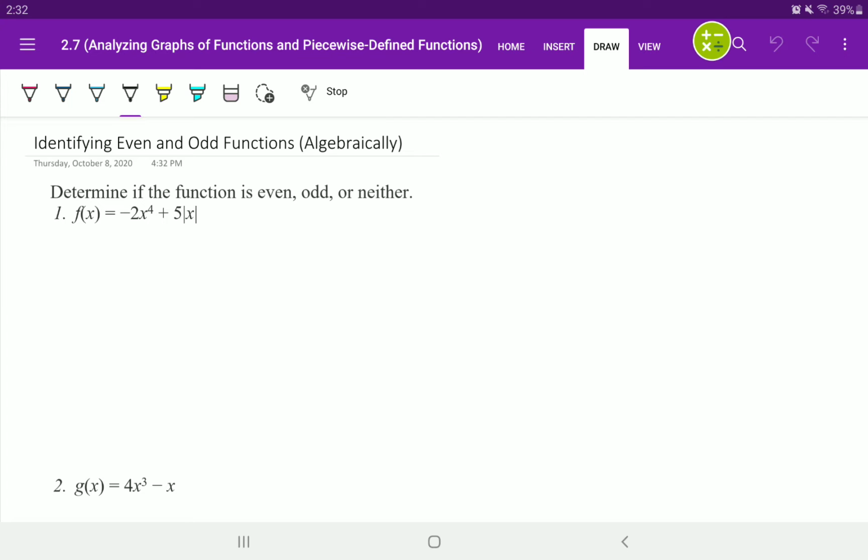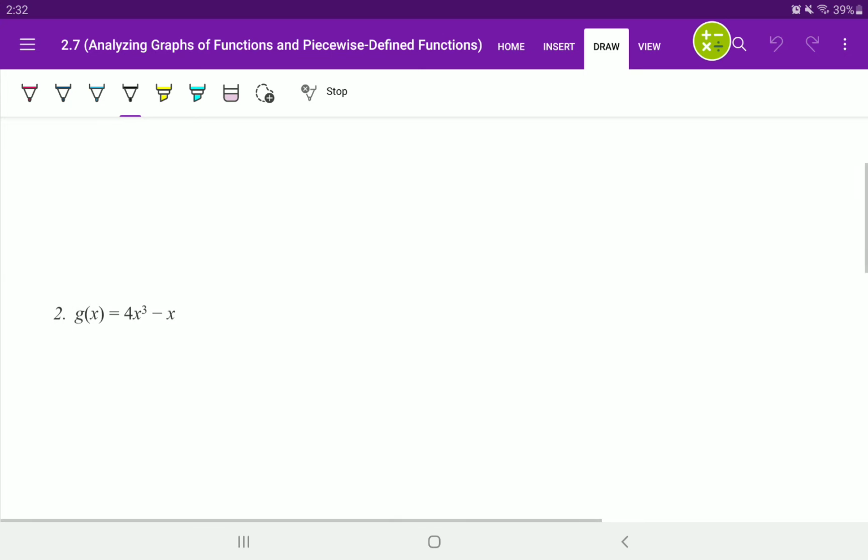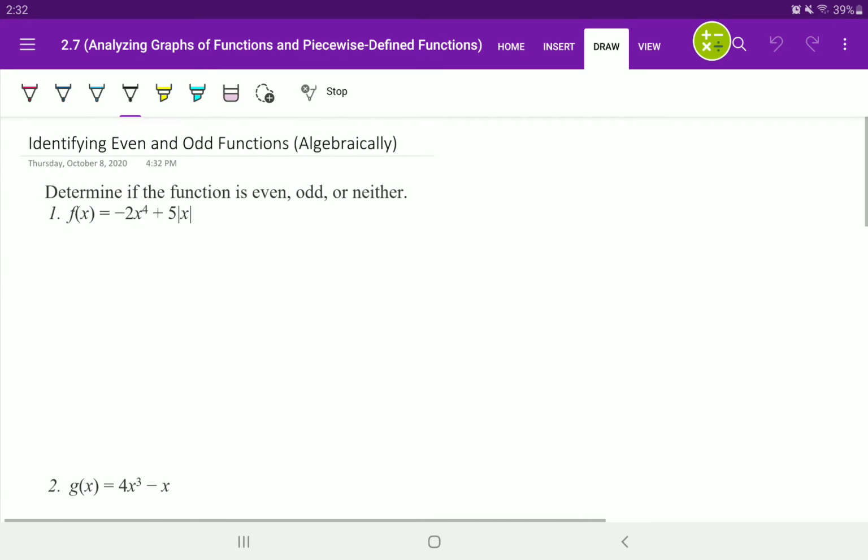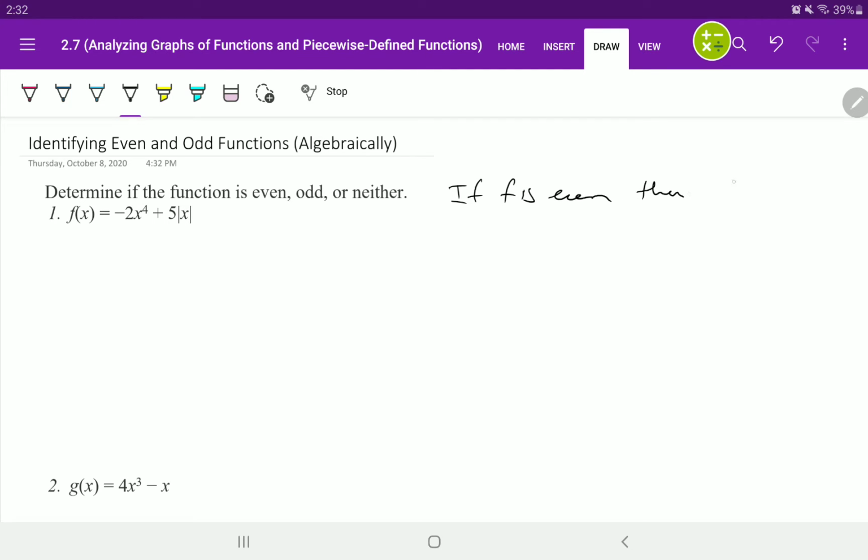So we have three different functions here, and we are going to determine if each is even, odd, or neither. Remember, if f is even, then f of negative x equals f of x for all x in the domain of f.